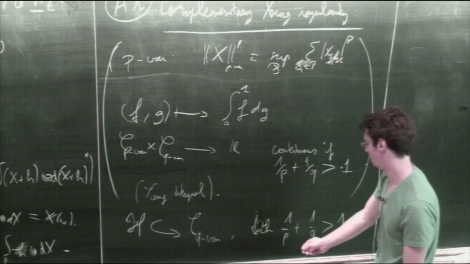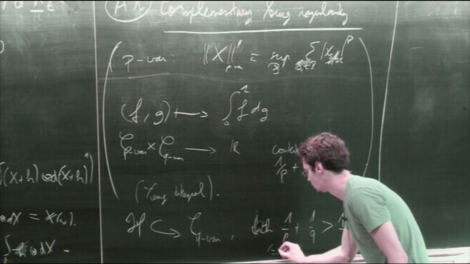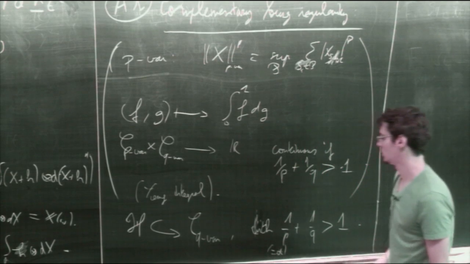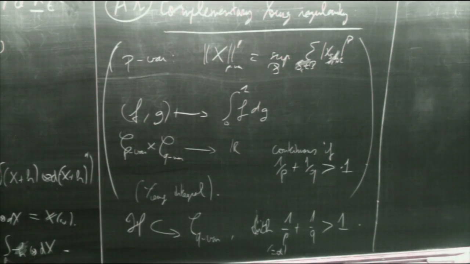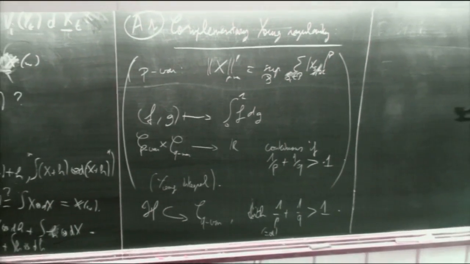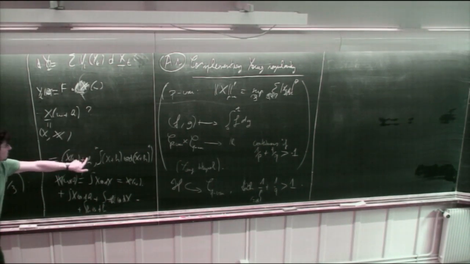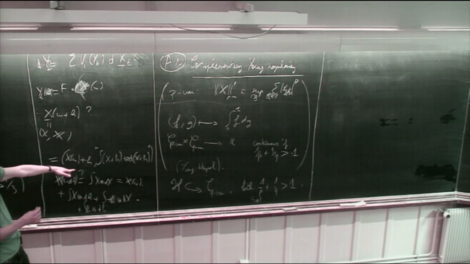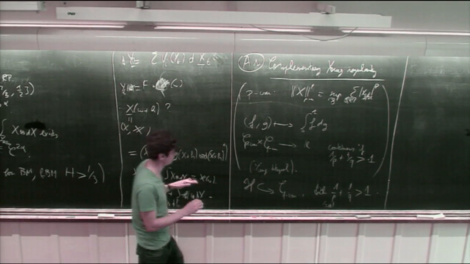Here 1 over p, you can say alpha if you want. In fact, we have to work with p-variation paths because this thing here does not stay in the Holder spaces. It has finite q-variation, but it's not Holder in general.